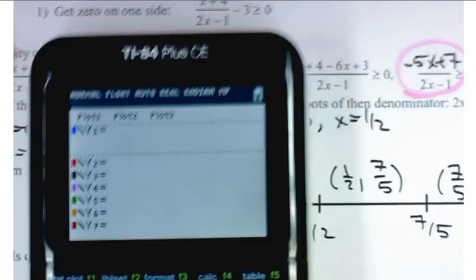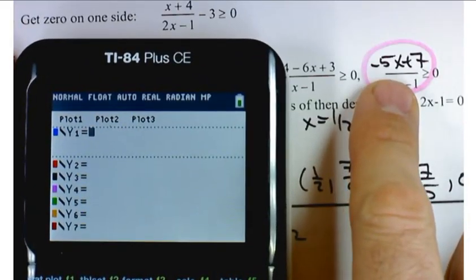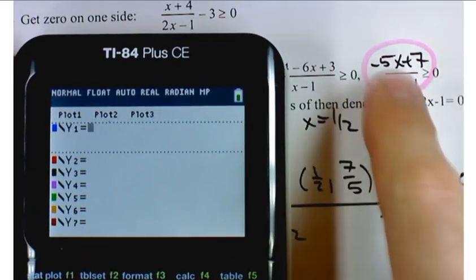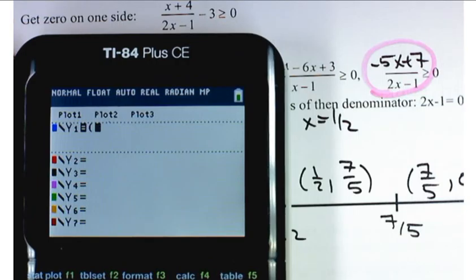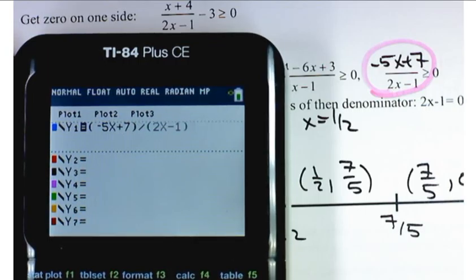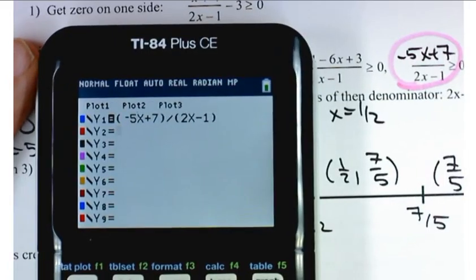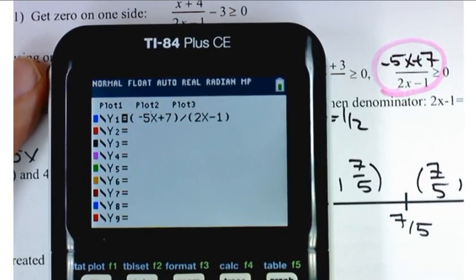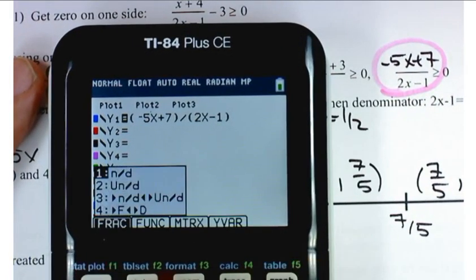When you enter this into your calculator, you've got to do one of two things. Either you have to use parentheses around the entire numerator, so negative 5x plus 7 divided by parentheses around the denominator 2x minus 1, or if your calculator is up to date with the latest operating system, you can hit the alpha key and then the y equals key.